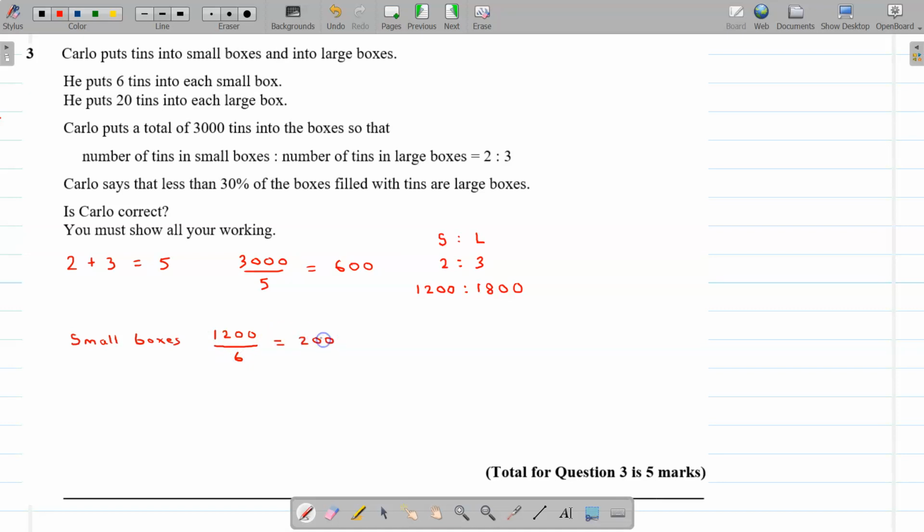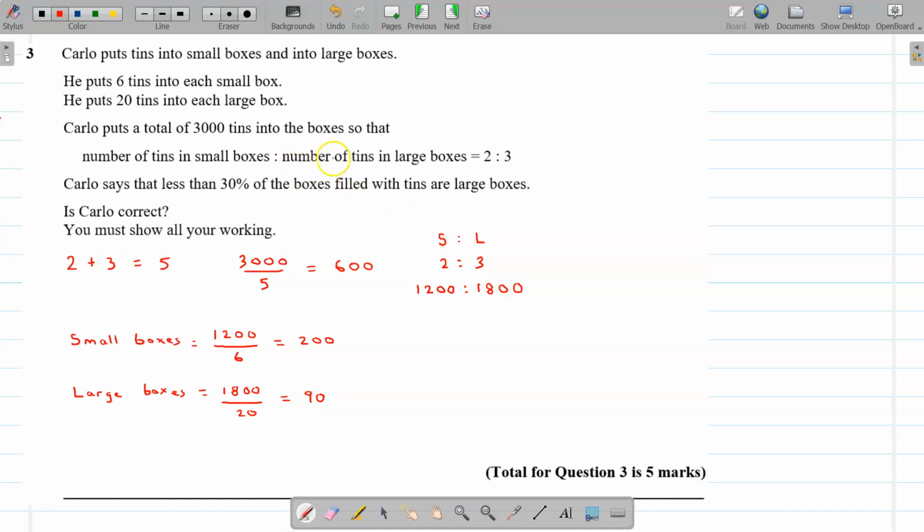So I've got 200 small boxes, and large boxes, same sort of calculation, but this time I'm going to have 1,800, and each one of those large boxes contains 20 tins, and that gives me 90. So I've got 90 large boxes and 200 small boxes.